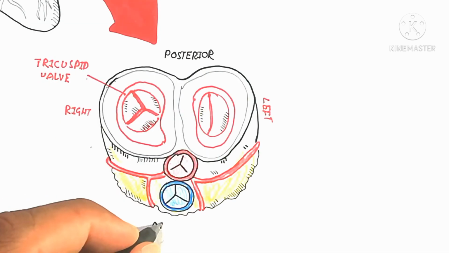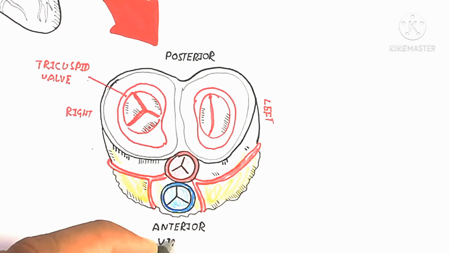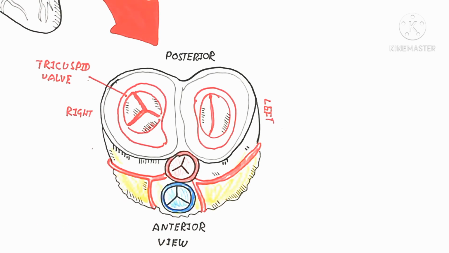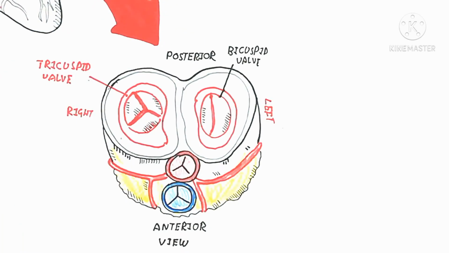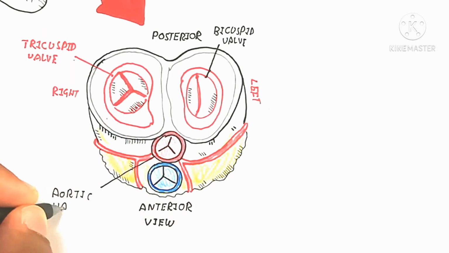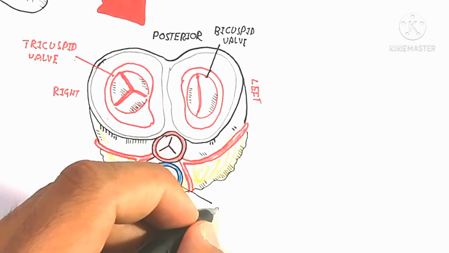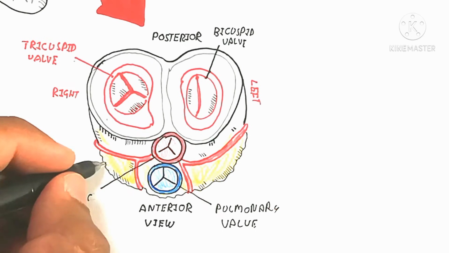And here is the adipose tissue, yellowish in color, which provides protection as well as fatty acid for energy to the heart during fasting time. Here is the aortic valve, which contains three leaflets, and here is the pulmonary valve, which also contains three leaflets.